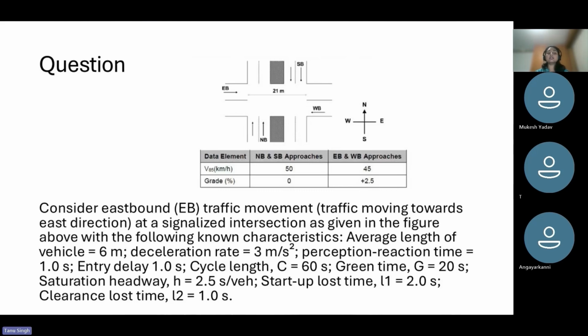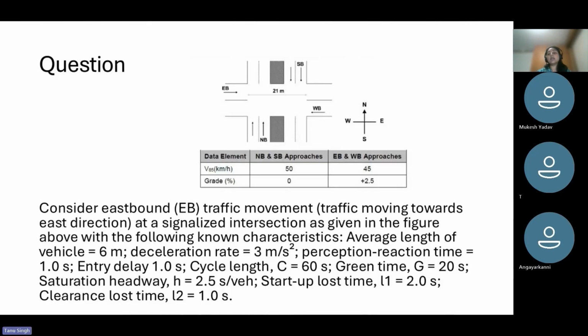Average length of vehicle is 6 meters, deceleration is 3 meters per second squared, perception reaction time is 1 second, entry delay is 1 second, cycle length is 60 seconds, green time is 20 seconds, and the saturation headway is 2.5 seconds per vehicle.